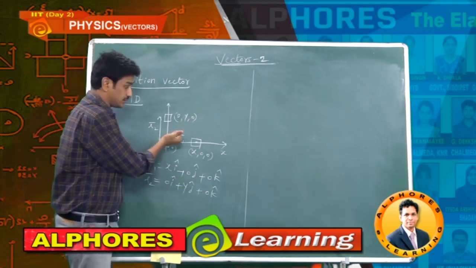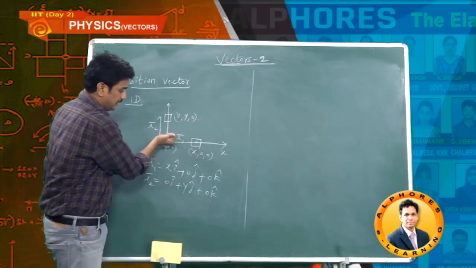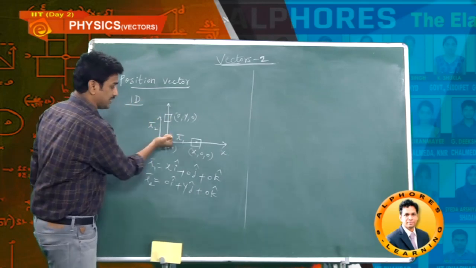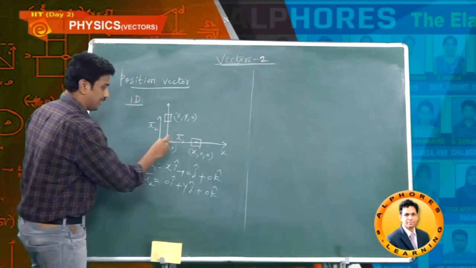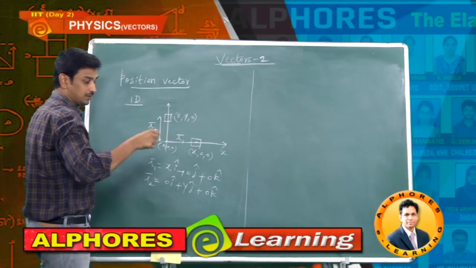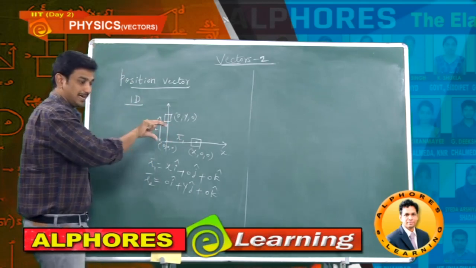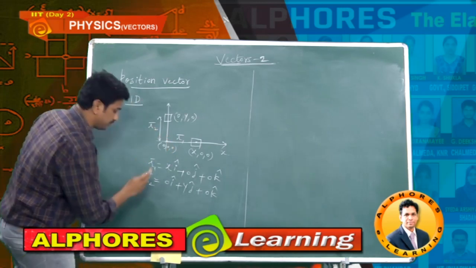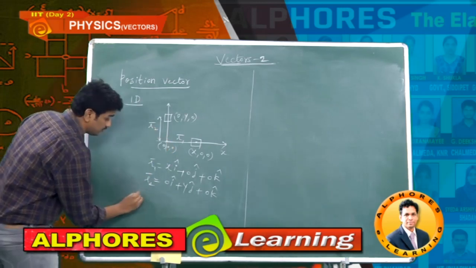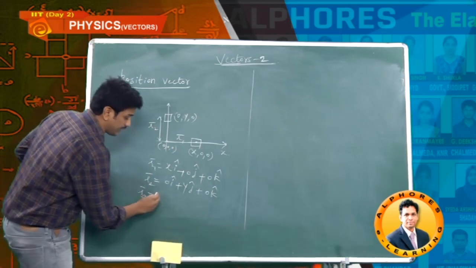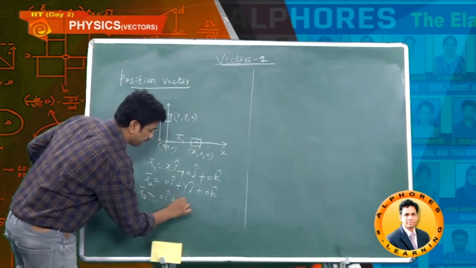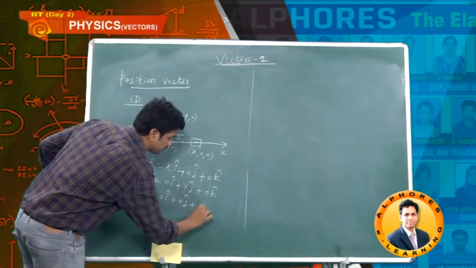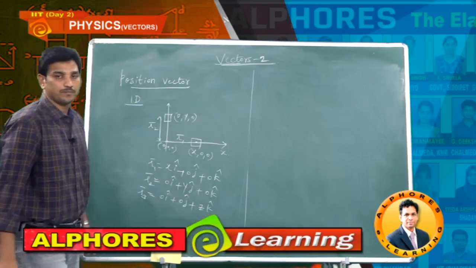What is the meaning of the z axis? Out of the board. It is the direction out of the board. This is k cap. Let you feel, here is a body moving in this direction, the z axis. Suppose along the z axis it is at z. That position vector I can call r3 bar: 0 i cap, 0 j cap, z k cap.